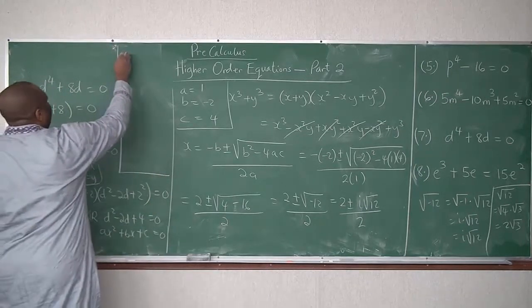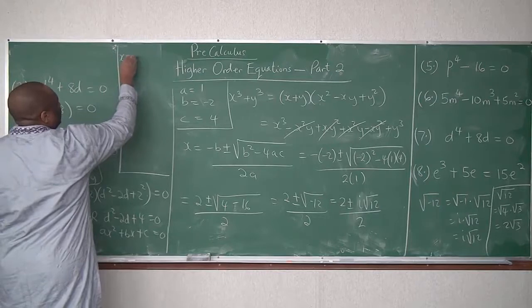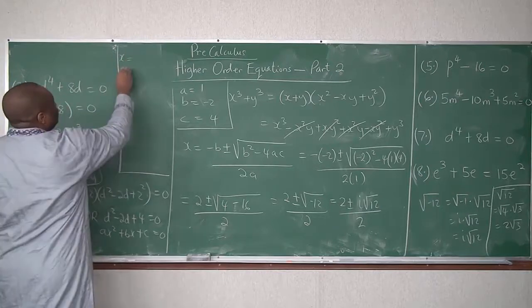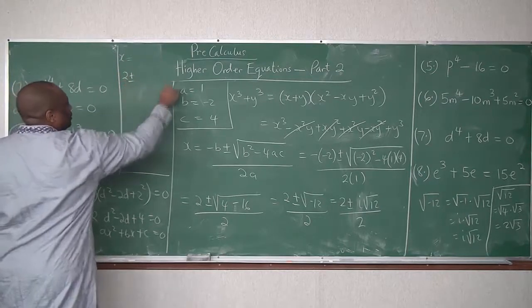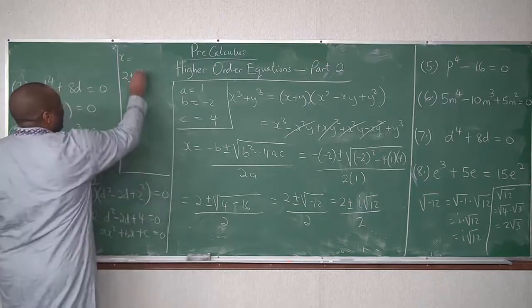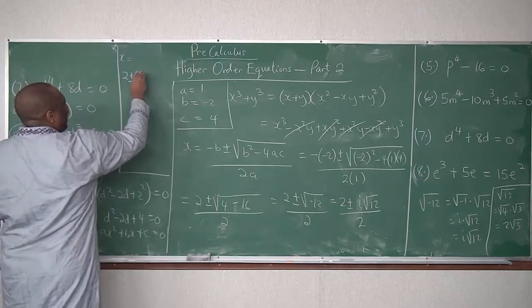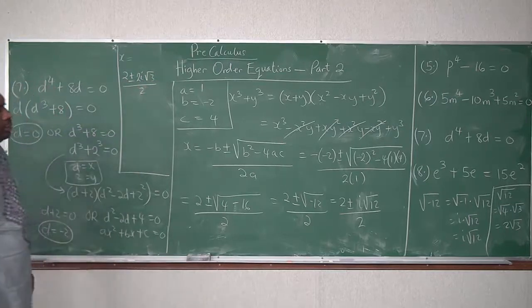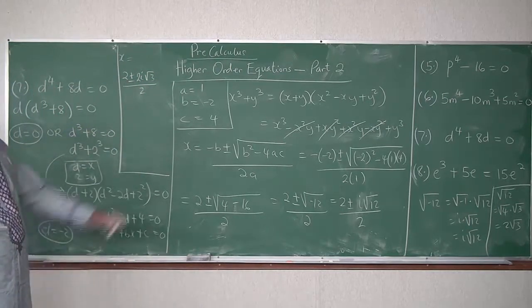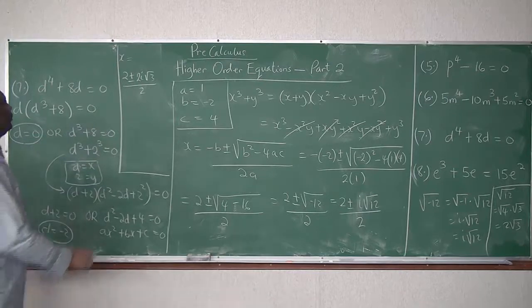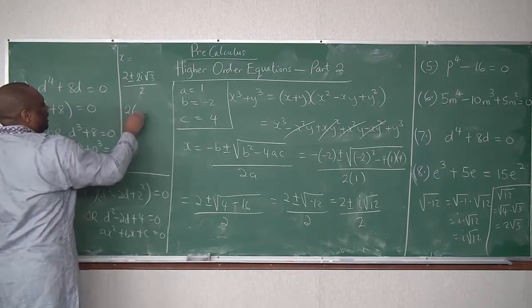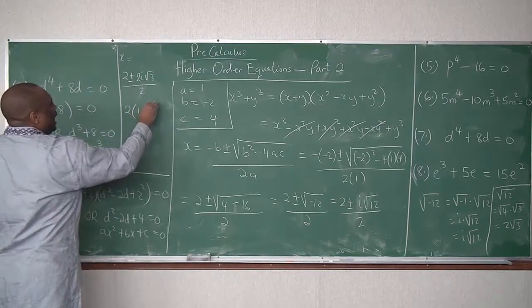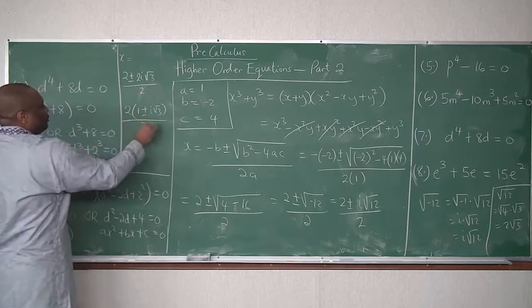We see that x is 2 plus or minus 2i square root of 3 over 2. The 2 can come out: 1 plus or minus i root 3 over 2.